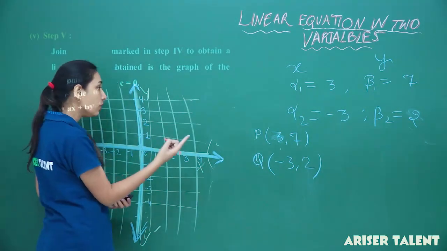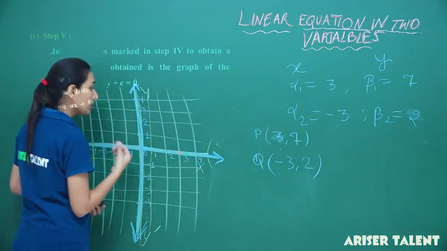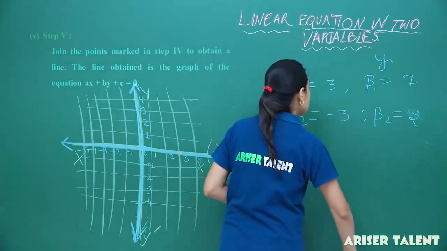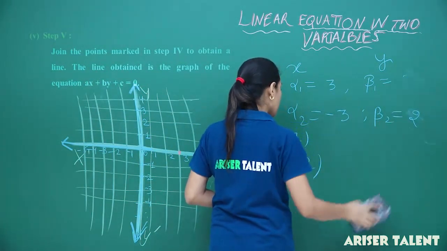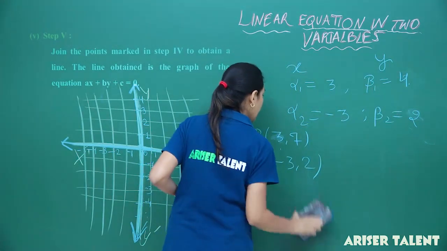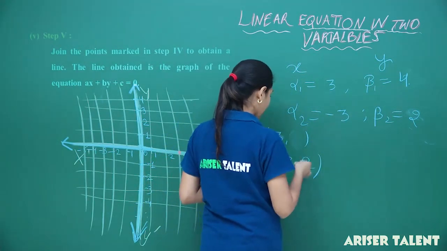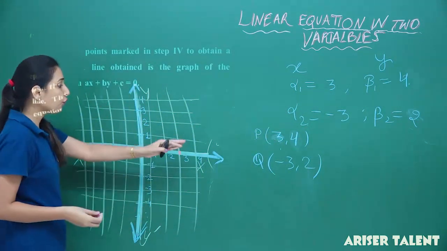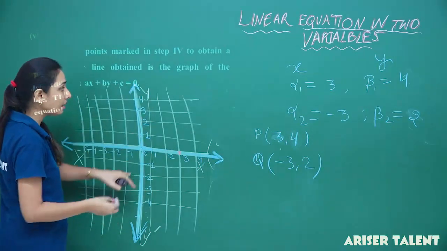Now the value of y is 7, right? But we are not reaching 7 here, so I'll just write this as 4, because that will be in the area of our graph. We don't need to extend our graph. So that is 4, so the value of y here is 4.